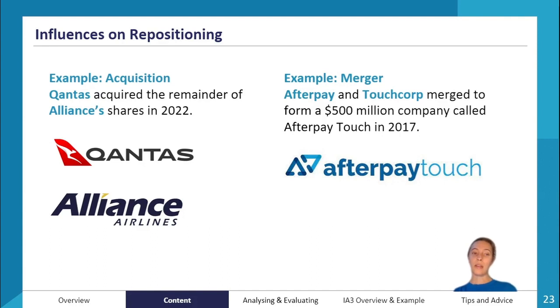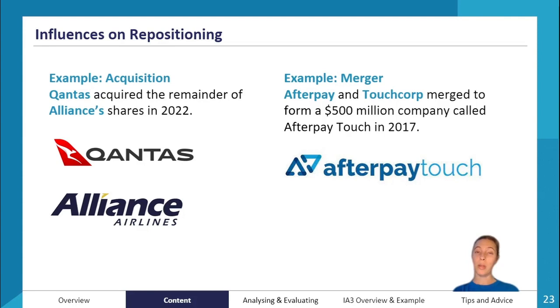And so that is one business, Qantas, having a lot more power and being able to fully purchase the other business outright. Whereas the merger option we have here, Afterpay and Touch Corp.